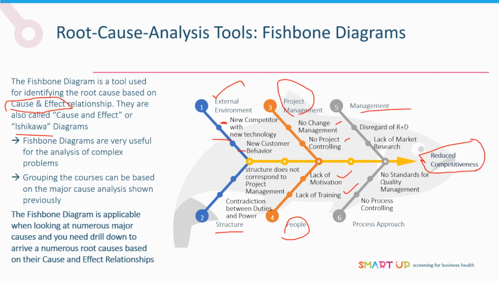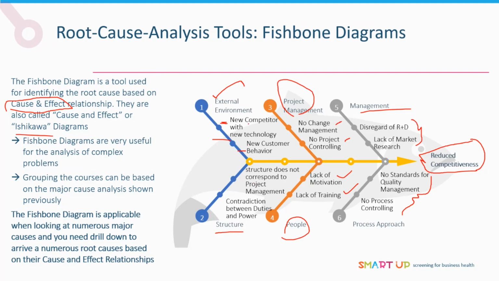And from the management side, what is the problem? They are not able to do effective R&D and identify how the market is proceeding. From the process side, it can be that their compliance with quality standards is poor. So you can identify all the reasons you want and put them in a fishbone diagram.